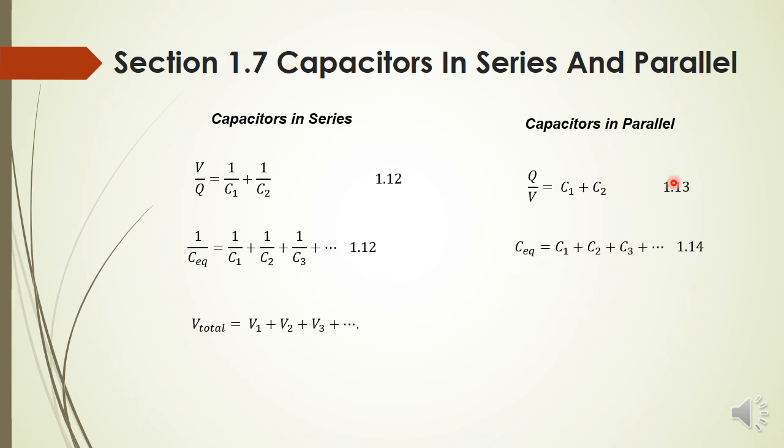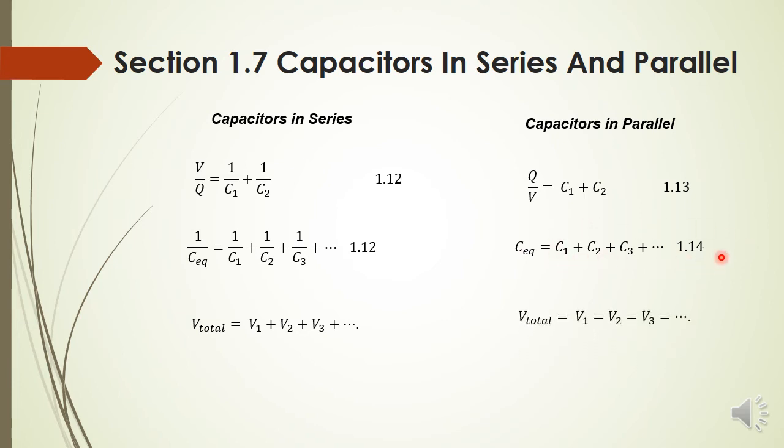Next, for the equivalent capacitance, in a series, 1 over the equivalent capacitance is equal to 1 over C1 plus 1 over C2 plus 1 over C3, whereas for capacitors in parallel, the combined capacitance is just the summation of all capacitances.